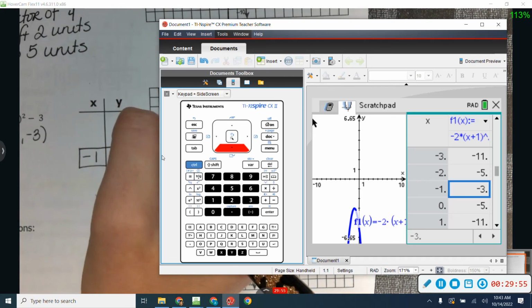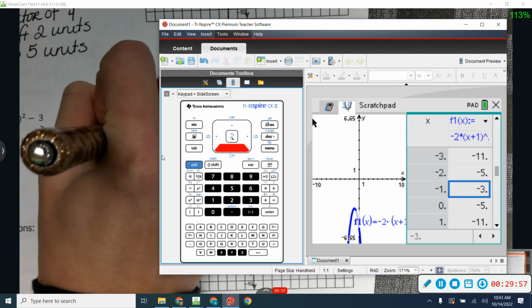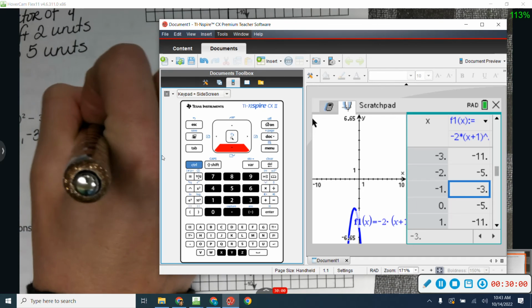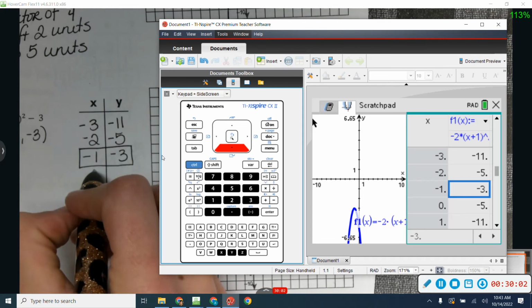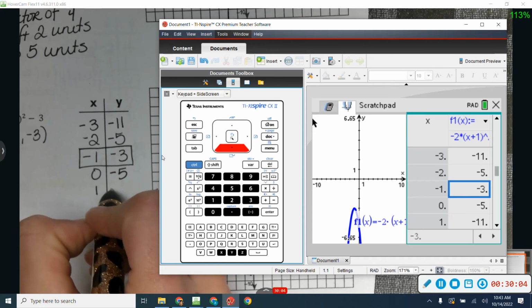So then to build my table, I'm going to use -2, -5, -3, -11, 0, -5, and 1, -11.